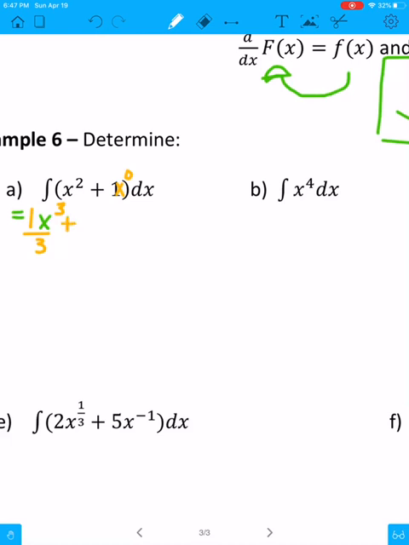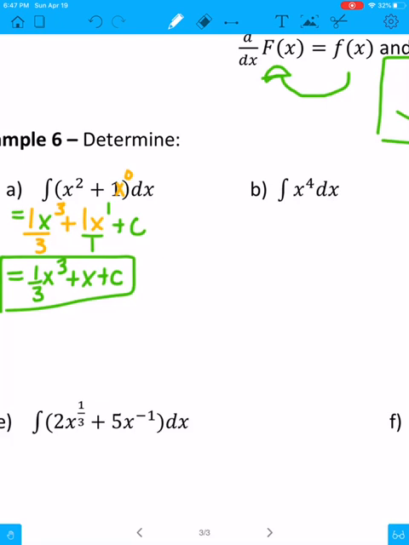So now it's going to become plus 1x, and instead of to the 0, it's going to be to the 1, divide by 1, plus c. We can't forget that plus c. You will forget the plus c. Don't forget the plus c. So we're going to get 1/3 x cubed plus x plus c. Boom. And we're done. We don't need to write it as equal to anything because this integral symbol means this is the derivative of it, and it equals this as the antiderivative.